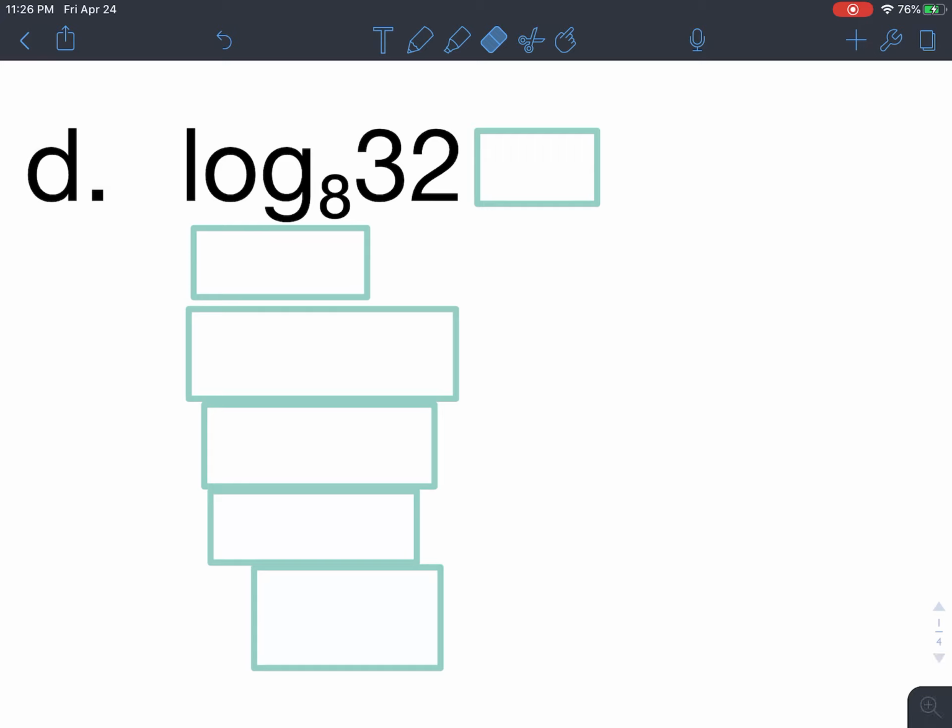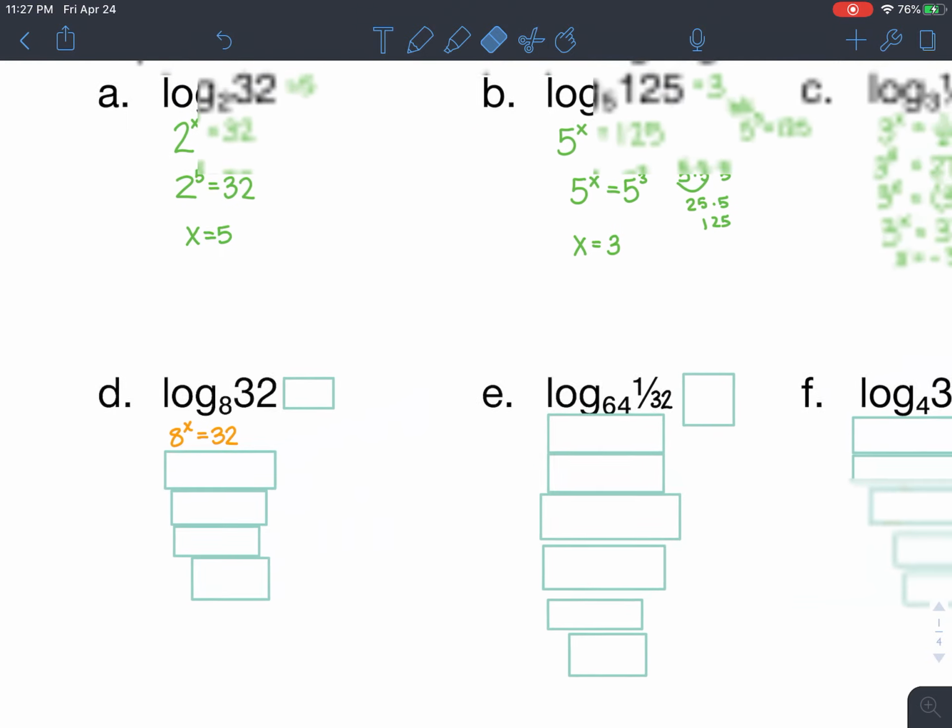Okay, so 8 to what power is 32? Well, 8 to the first is 8. 8 to the second is 64. So that's over 32. What should I do with this one? Well, let's see here.